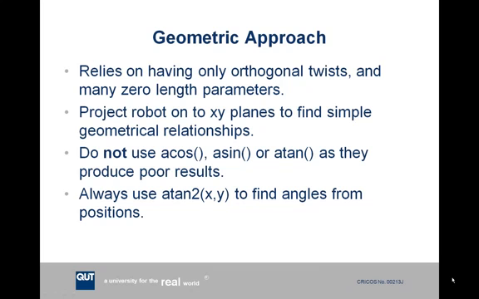And as we're using angles and inverse trigonometric functions, the general idea is not to use a cos, a sine, or a tan because they are not great in a programming sense. The ideal one is atan2, which you can find in programming languages, which takes 2 arguments, x and y, to work out an angle.